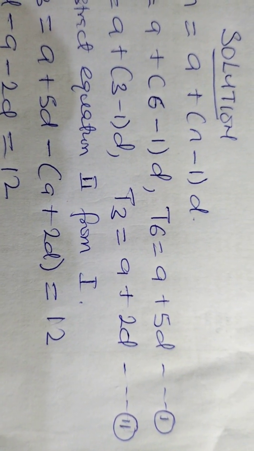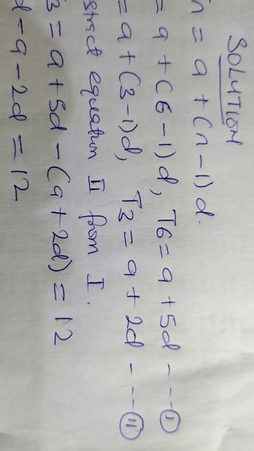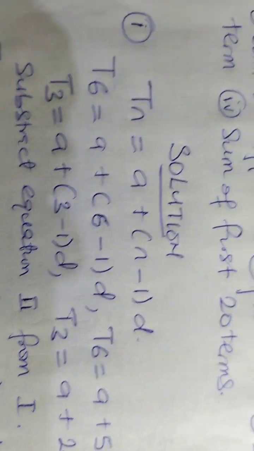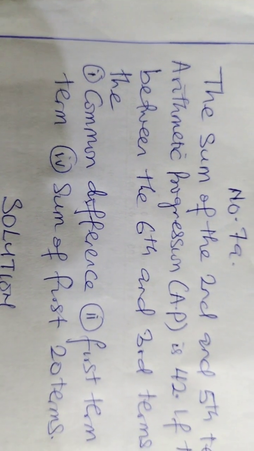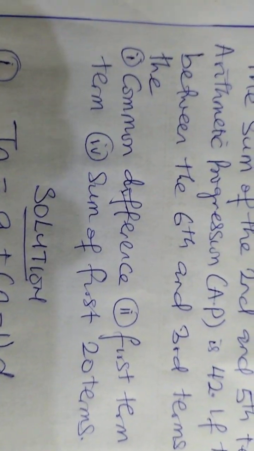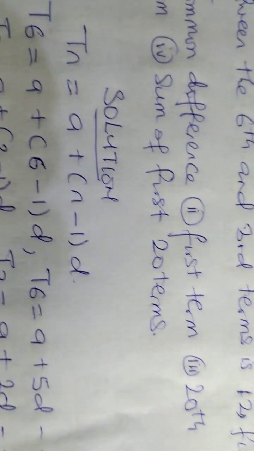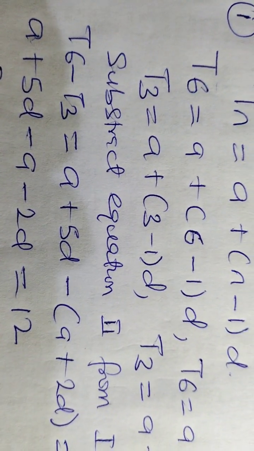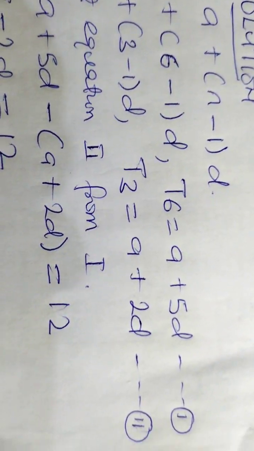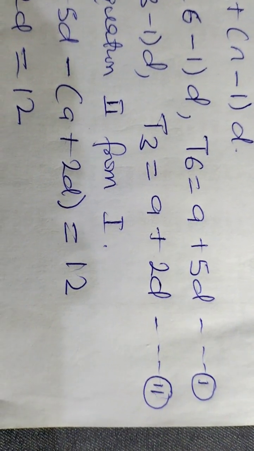We are told that the difference between the sixth and the third term is 12, so we first formulate an equation for the sixth and the third term. The sixth term is equation 1, the third term is equation 2.